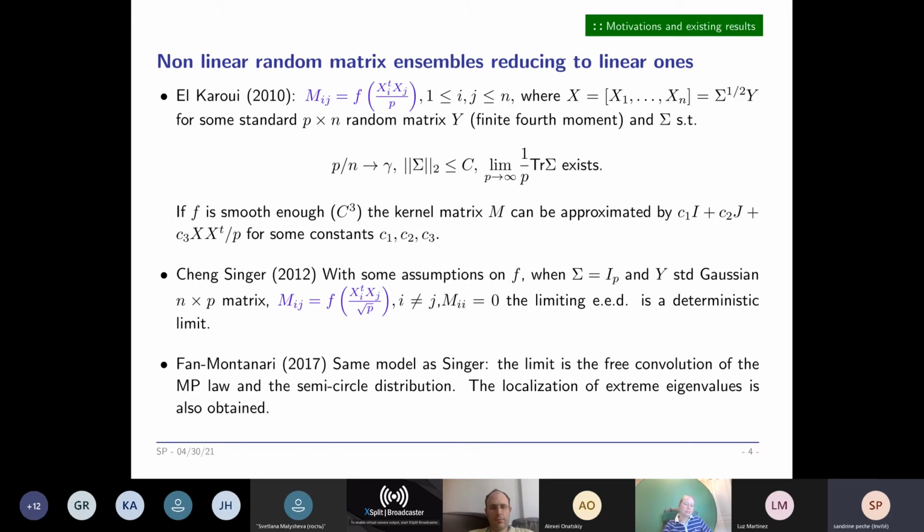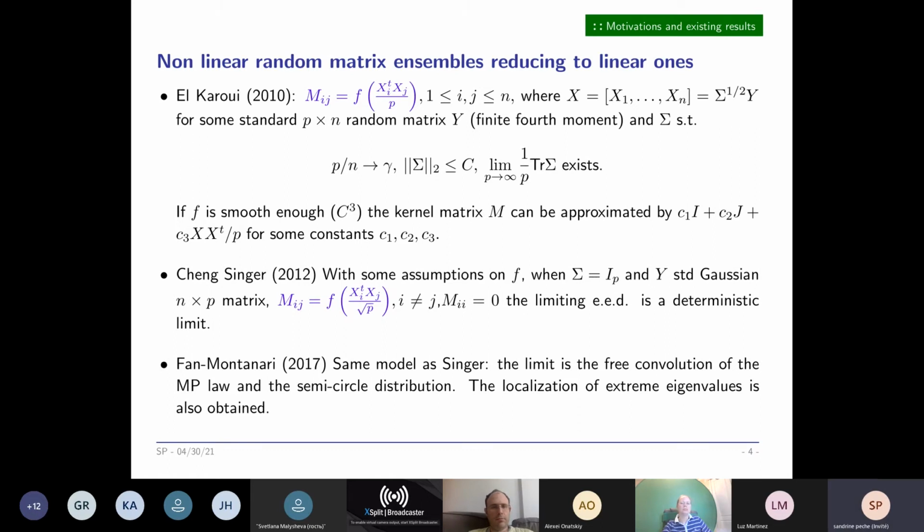So more precisely, he considers a random matrix, which is a function f evaluated again component-wise at the scalar product between two column vectors x_i, x_j of a random matrix X. So X is essentially sigma to the 1/2 times a standard P times N random matrix.